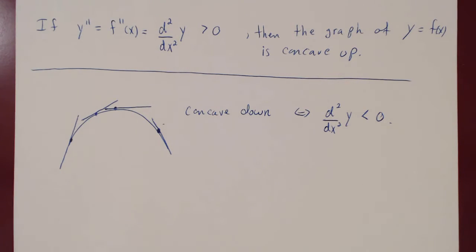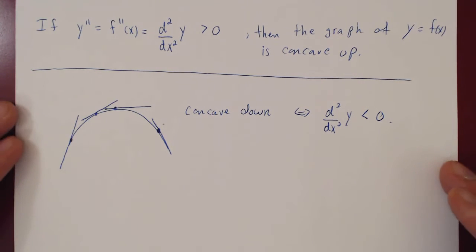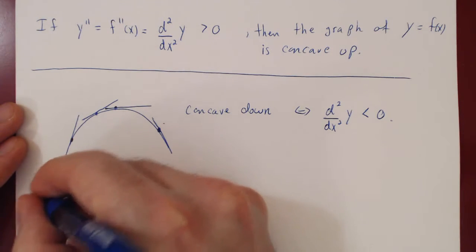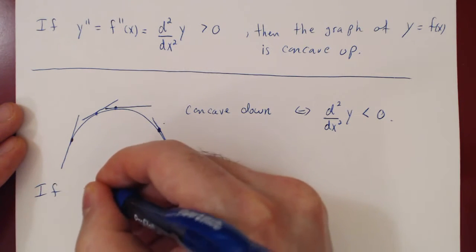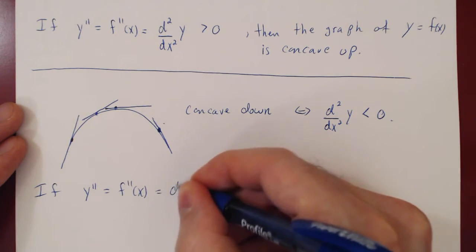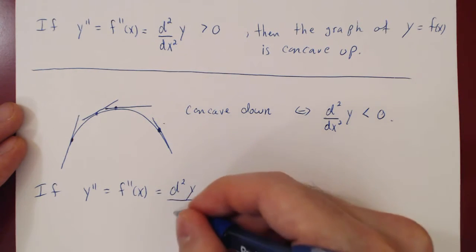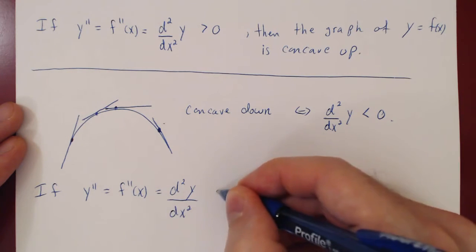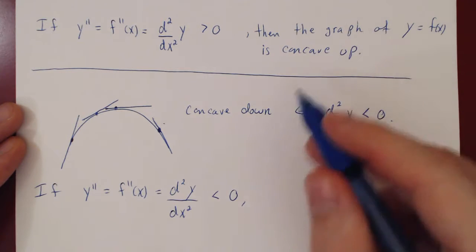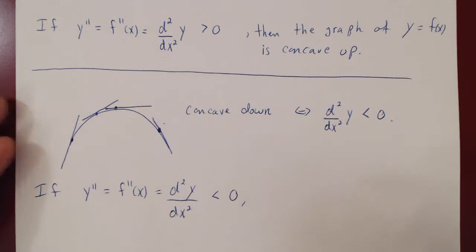And so the second derivative gives you the shape of the graph of y equals f of x. So if the second derivative of our function is now negative, then the graph of y equals f of x is concave down.